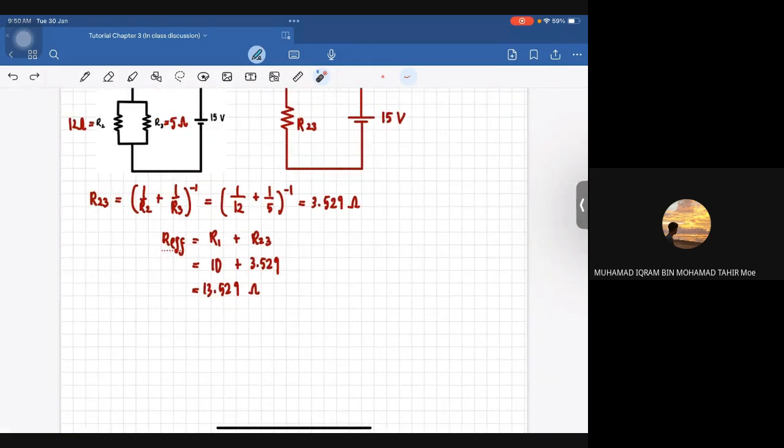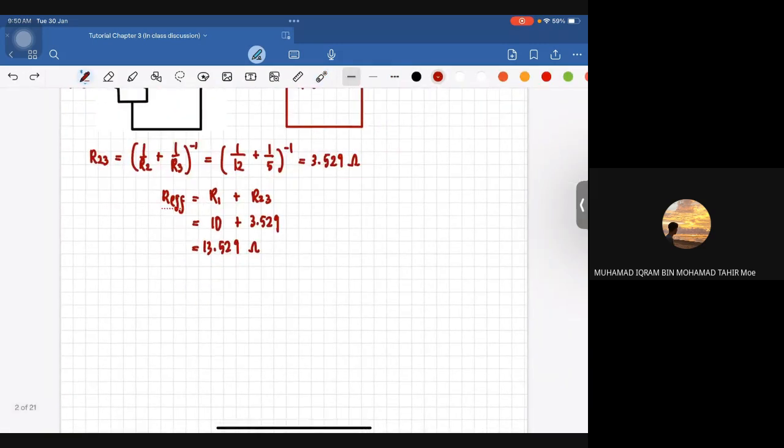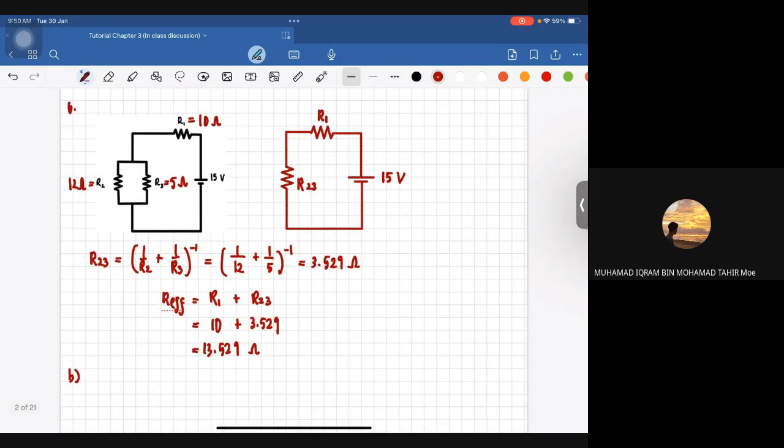Okay, so sekarang baru kita masuk yang soalan susah sikit. Ni a bit complicated sebab kamu kena betul-betul faham apa karakteristik untuk parallel, apa karakteristik untuk series. Okay, so sekarang ni untuk yang this one here, instead of buat reverse, saya terus based on karakteristik je lah.